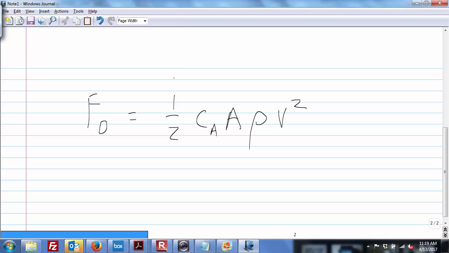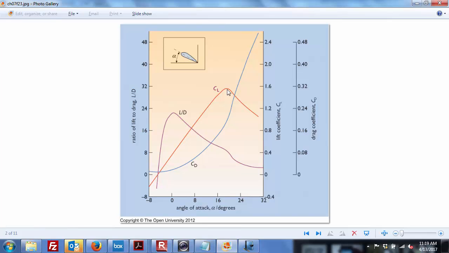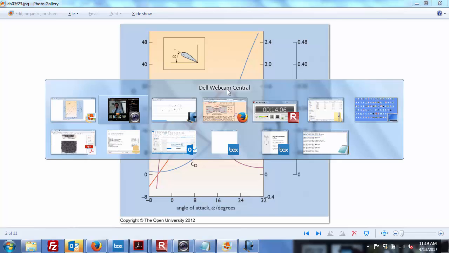So we know what 1/2 is, we know what density is, we know what velocity is, we have a pretty good idea of what area is. This guy right here, C sub A, is essentially what we're looking at in this equation. It's the drag coefficient, it's C sub D. Let's rewrite it.